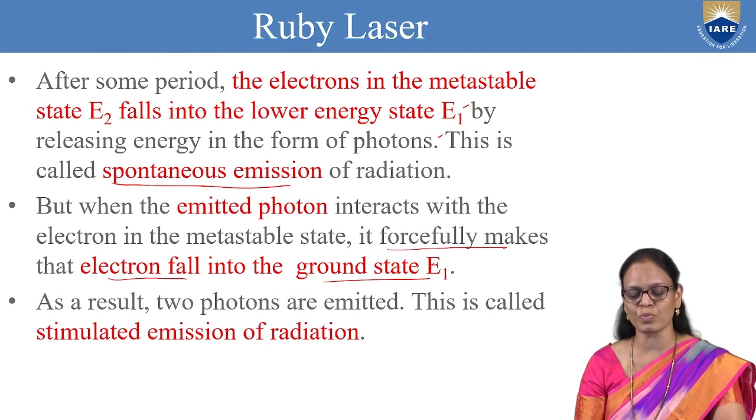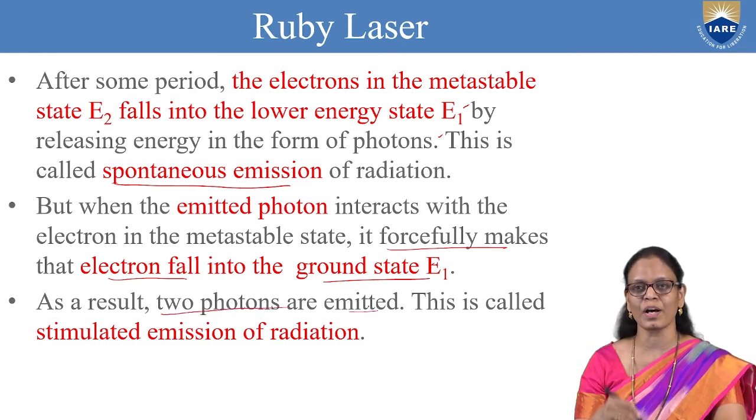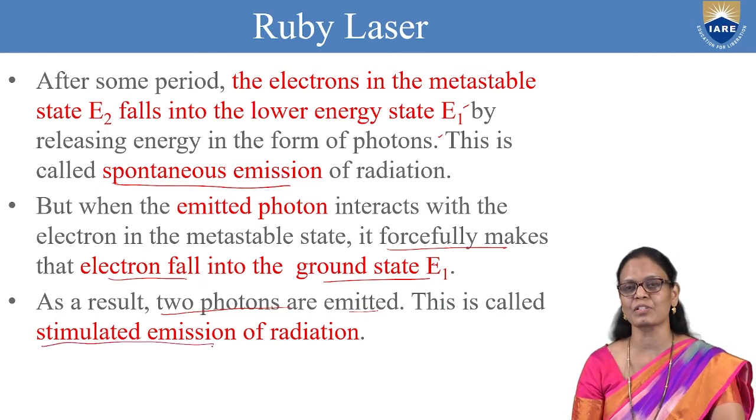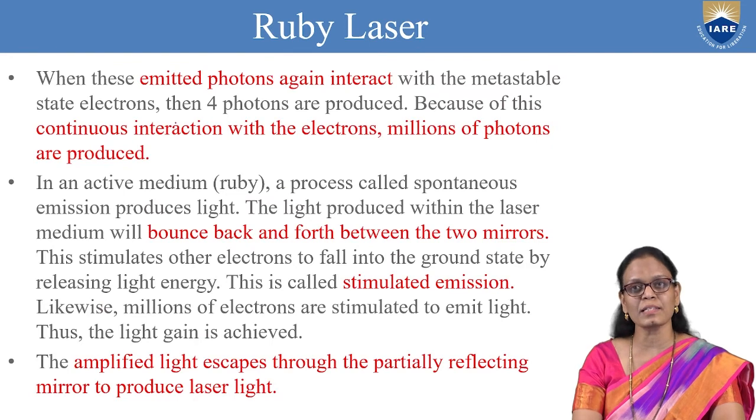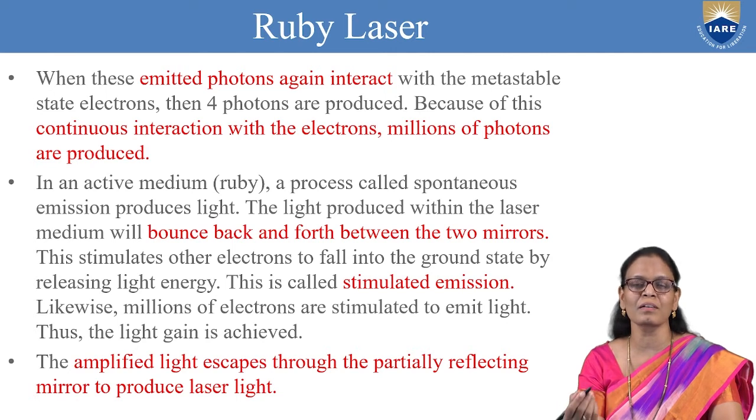And because of which, two photons are emitted. The one which is incident and the one which is making the transition. Two photons are emitted, and we call this stimulated emission because it is not happening naturally. It is because of the stimulation by the emitted photons. Now when these emitted photons again interact with the metastable atoms, 4 photons are produced.